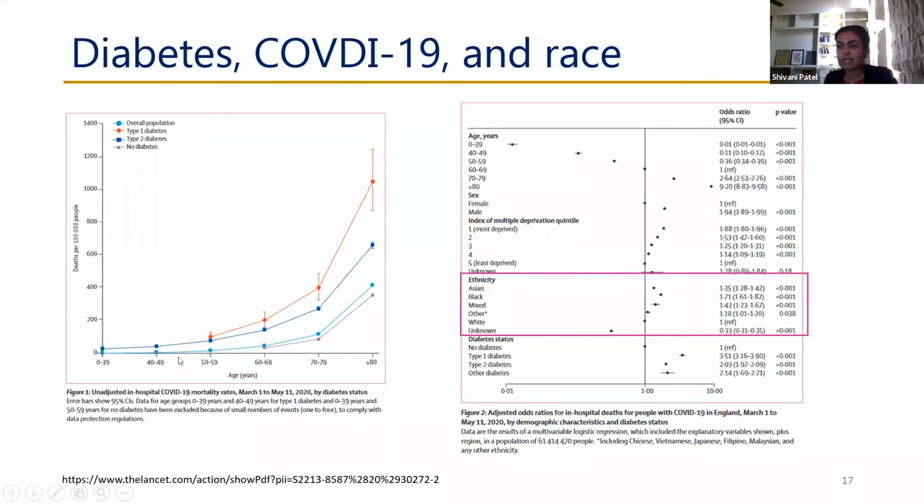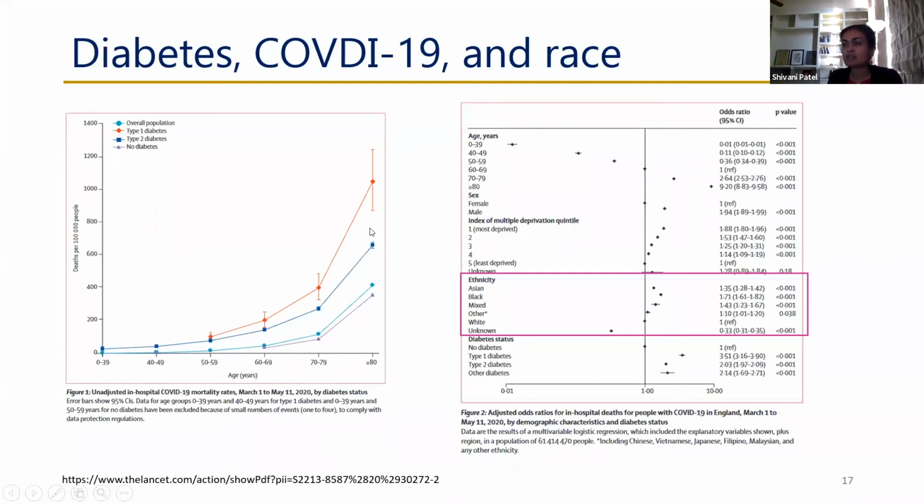it doesn't matter what age group you're in, this blue line is the deaths per 100,000 people among people with type 2 diabetes. I'm focused on type 2 diabetes because that's a larger group, and it's also a condition that disproportionately affects minorities.